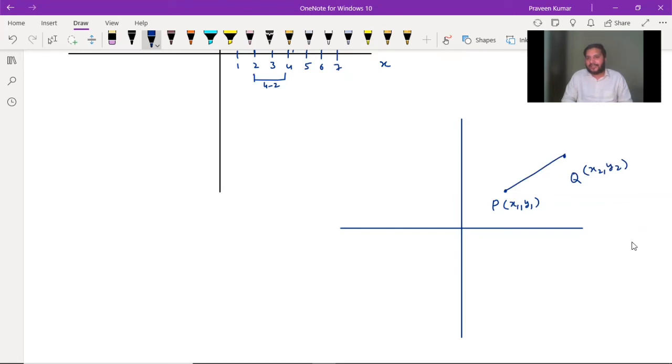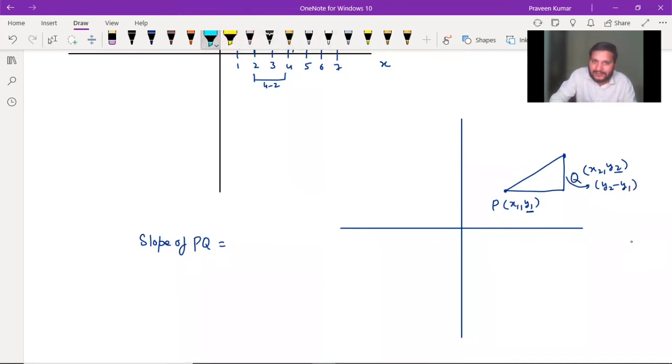So what do you understand by slope of PQ? Slope of PQ will be equal to, what is rise? Rise is change in value of y. So y value changes from y1 to y2, so it will be y2 minus y1. You can clearly see this particular length is y2 minus y1, and this particular length is x2 minus x1.